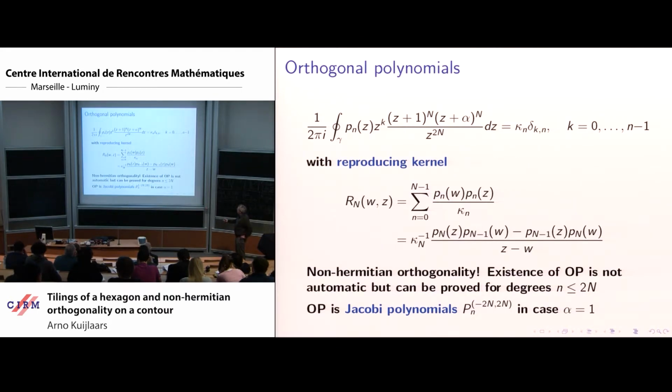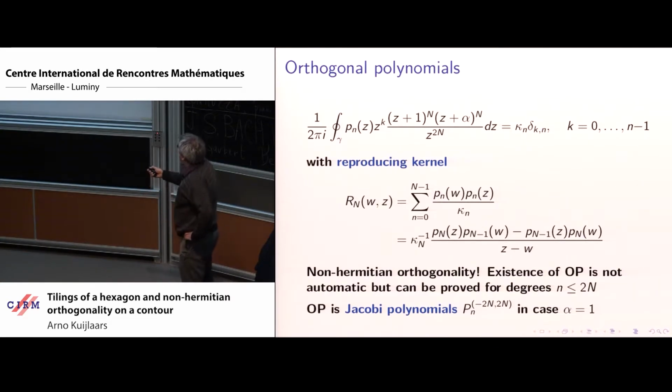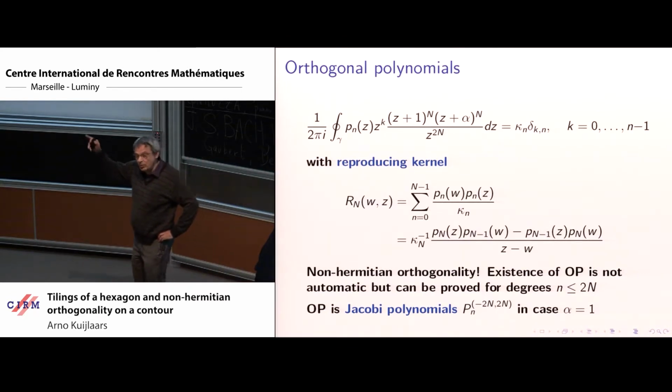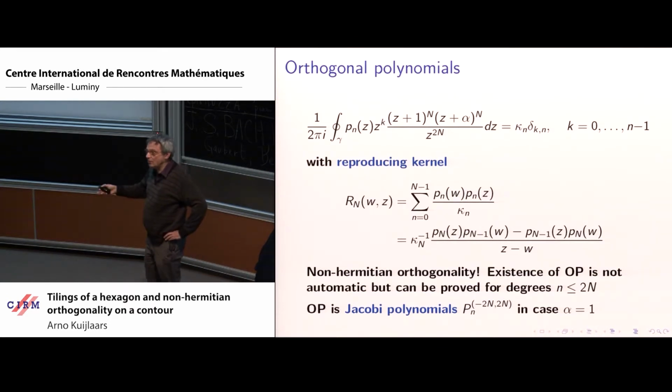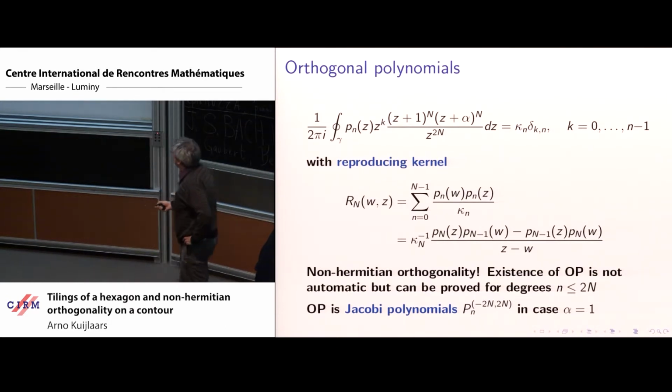It's also maybe nice to point out that if your parameter alpha is 1, then the weight is just z plus 1 to some power 2 times N. Then things simplify quite a bit actually. And then these polynomials Pn are classical orthogonal polynomials, namely Jacobi polynomials.